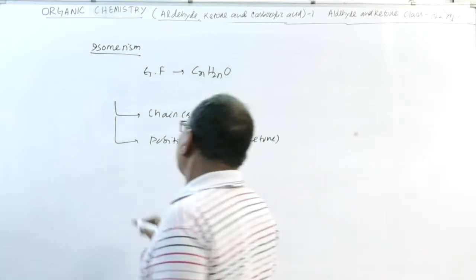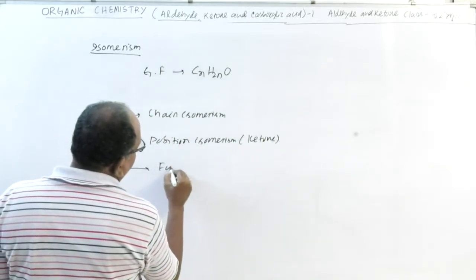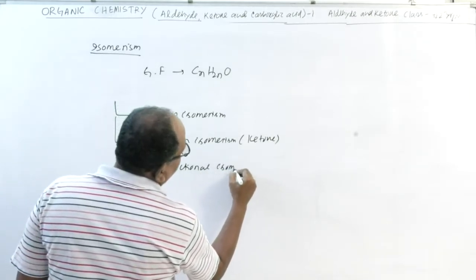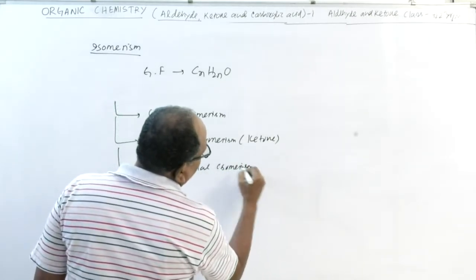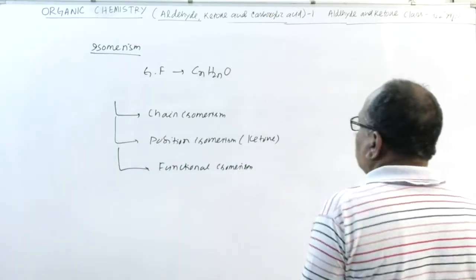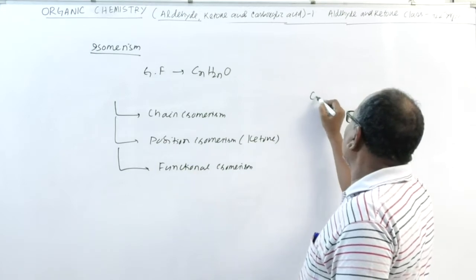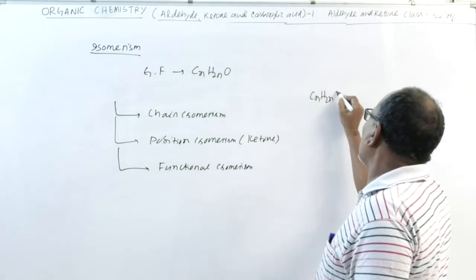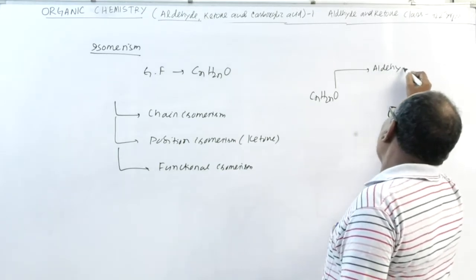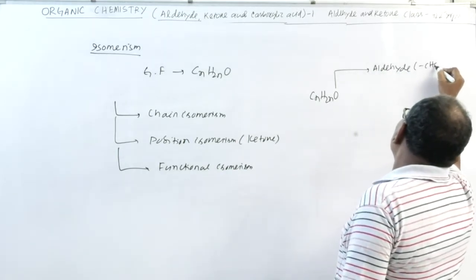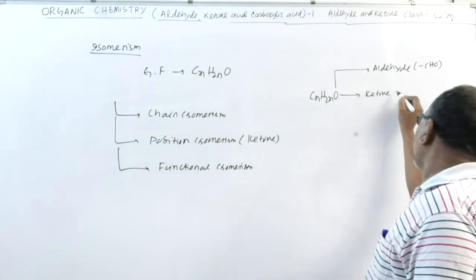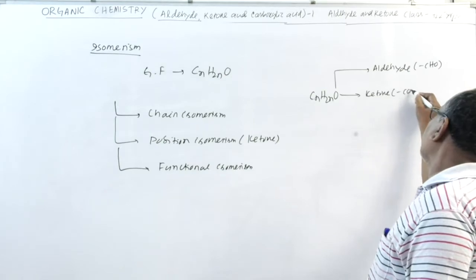And it can exhibit functional isomerism. In functional isomerism, the general formula CnH2nO may represent an aldehyde having a CHO group, or a ketone having a CO group.